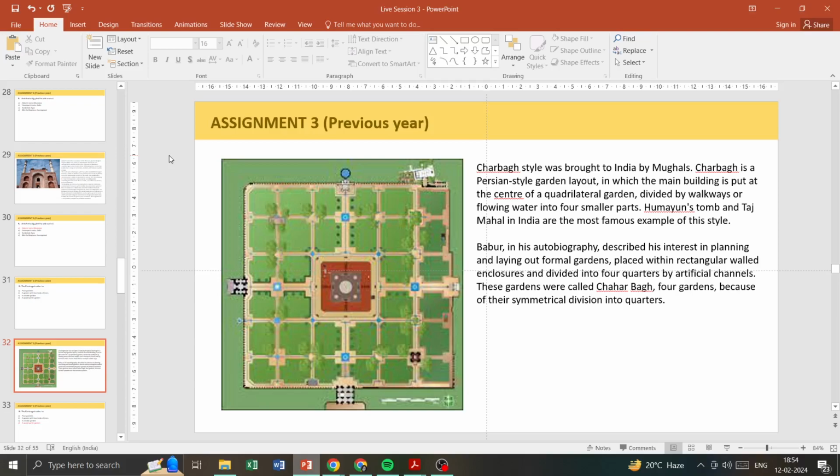Babur, who brought this idea of Chehar Bagh from Persia and Samarkand to India, mentioned in his autobiography his interest in planning and laying out formal gardens placed within rectangular walled enclosures and divided into four quarters by artificial channels. So these gardens were called Chehar Bagh, four gardens, because of the symmetrical division into quarters.